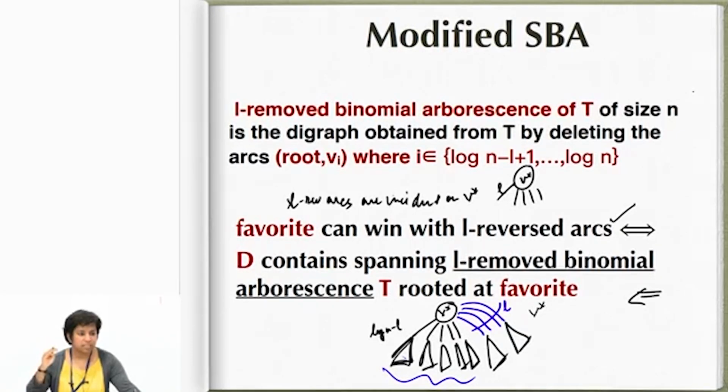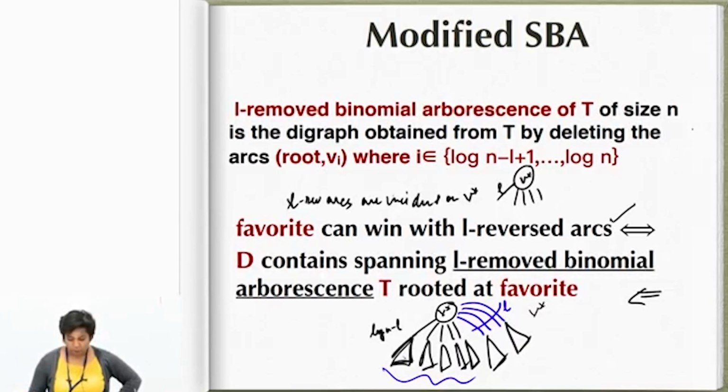From that, you're removing the edges to the last L of its last children, right? So the new graph that you get, that is L-removed, is unique up to isomorphism. You can relabel vertices, but structurally it is unique. That's an important point here. I realized I should make that point, otherwise it doesn't make sense.